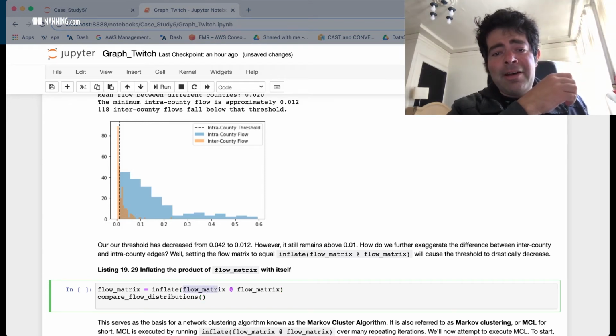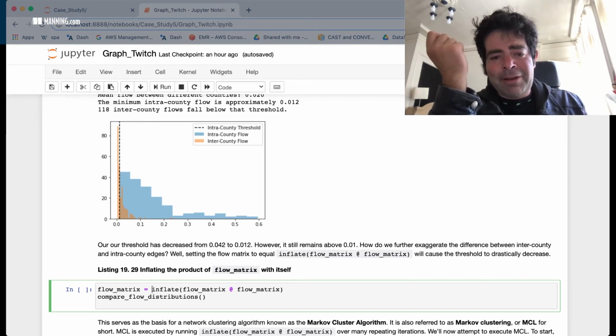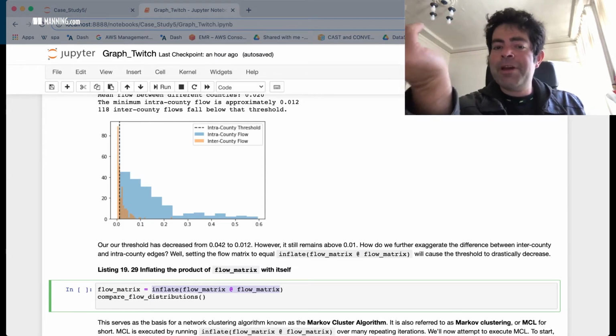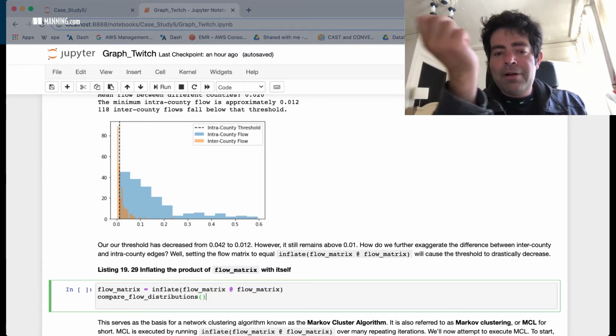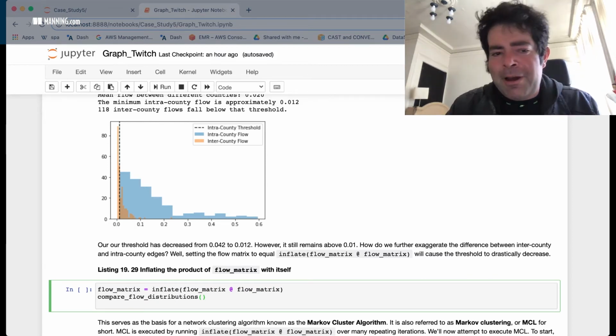I'm going to take the product of the flow matrix with itself, and then inflate that result and recompute the distribution. So one line of code: I'm going to inflate the product of flow matrix and flow matrix. Let's prove that this works, and then we can talk about why.